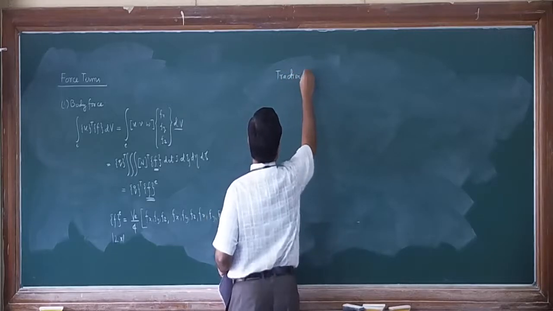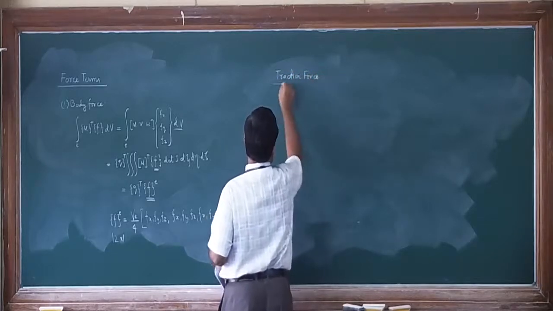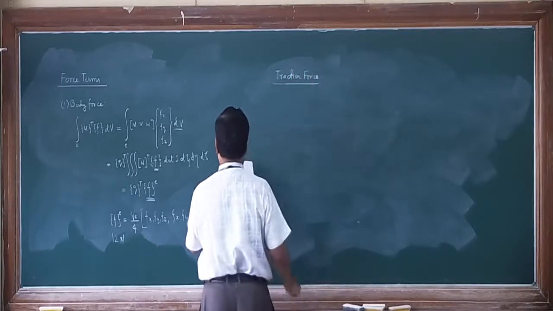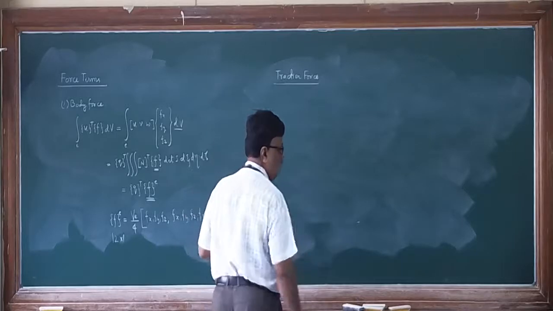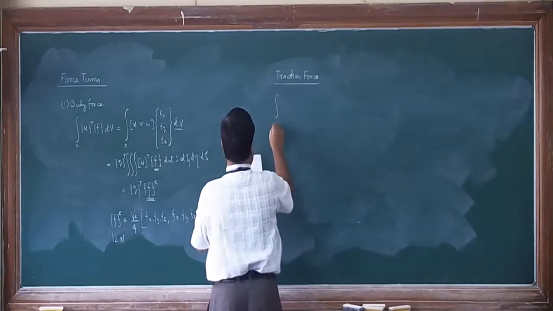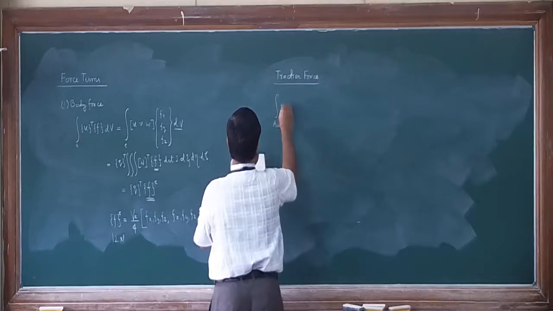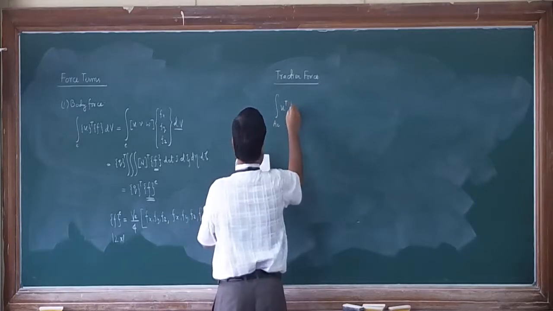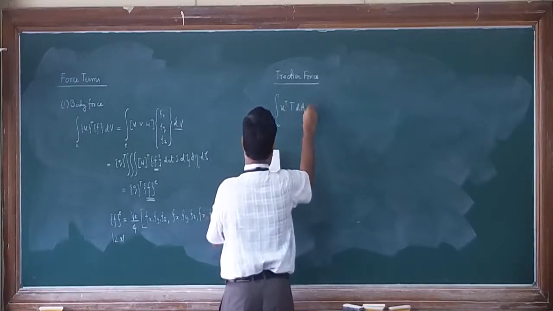So second, if I take traction force, this is going to be along the area. Please remember, here it is not along the edge. It is distributed on a triangular area. So therefore, we have to integrate this over the area. U transpose T into dA will come into picture.